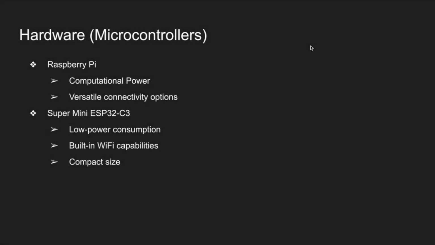Thank you, Jeff. I'm Peter Goh, and I'll be going through the hardware of our project. For the microcontrollers, we decided to go with the Raspberry Pi and Super Mini ESP32C3. Raspberry Pi was chosen as a core hub due to its robust computational power and versatile connectivity options, making it well suited for managing complex tasks and serving as the central brain of the system.